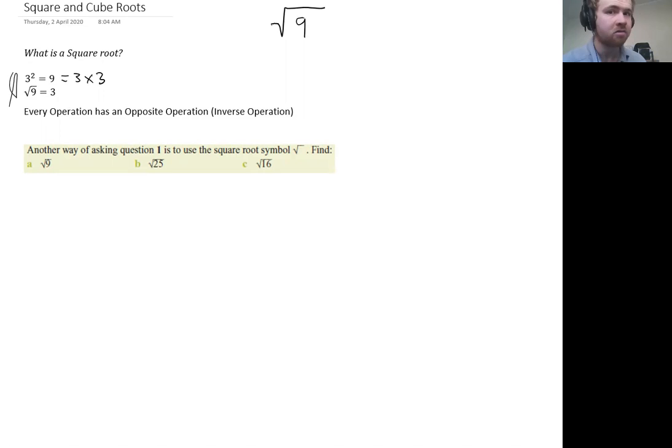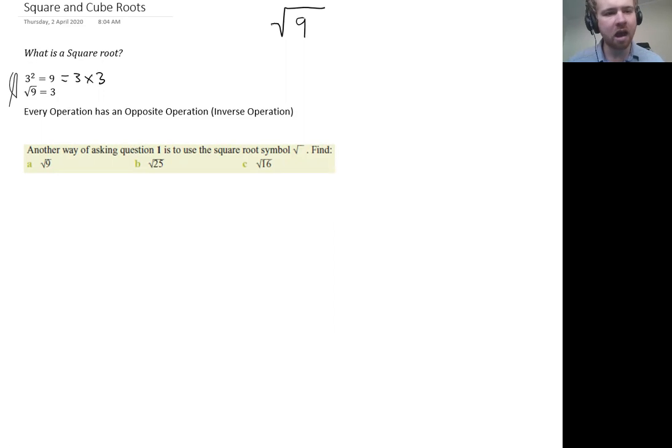If you add 3 and then take away 3, you're back to where you started. If you multiply by 2 and then divide by 2, you're back to where you started, because multiplying and dividing are opposites. In the same way, if you square a number and then square root that, you go back to where you started, because squaring and square roots are opposites.